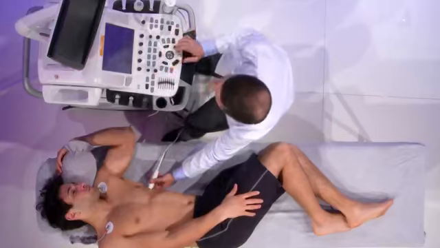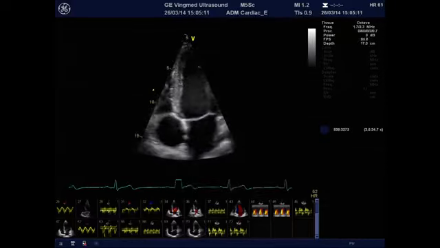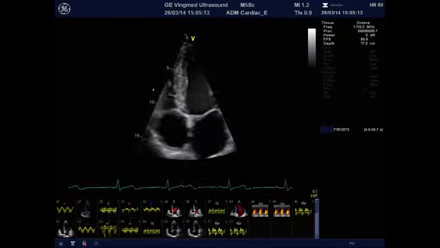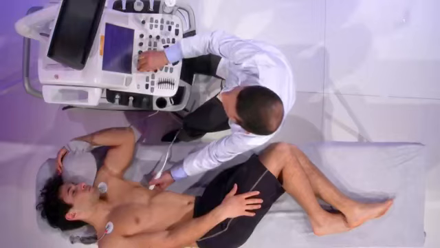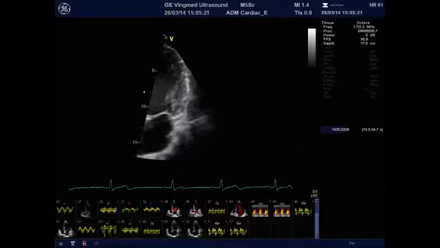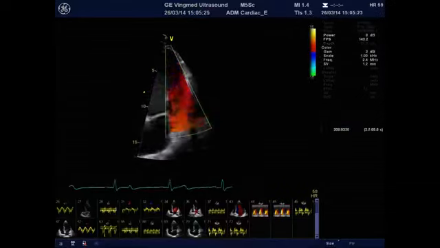So measuring the tissue Doppler pattern at the level of the septum is one of the options. The other option is to try and measure myocardial velocities at the level of the lateral wall.